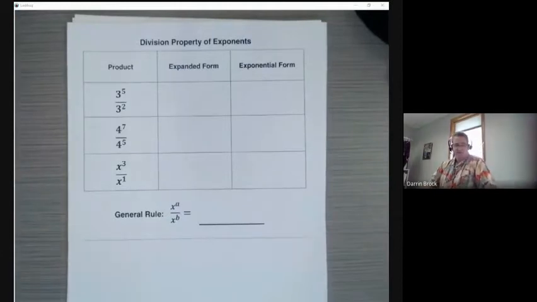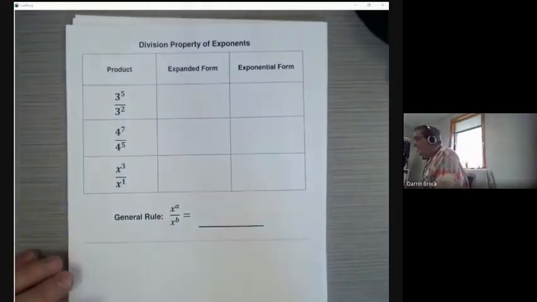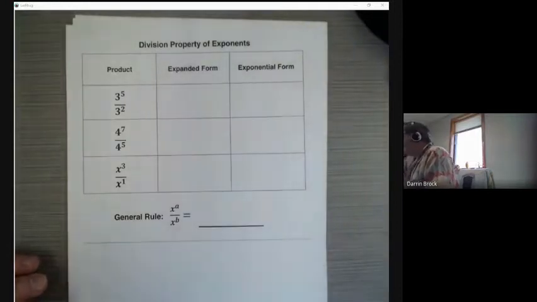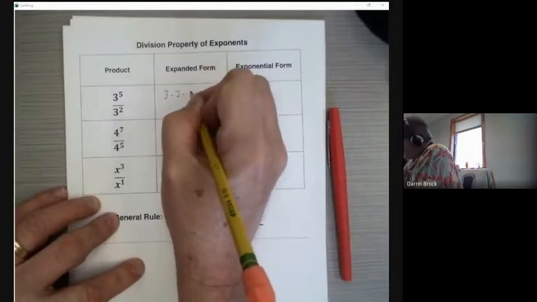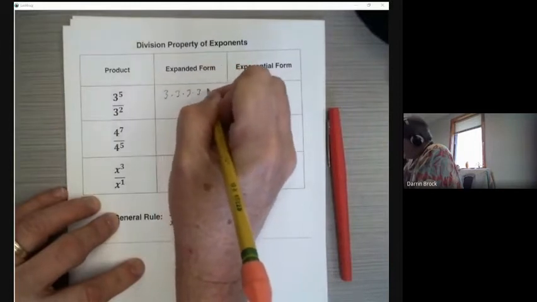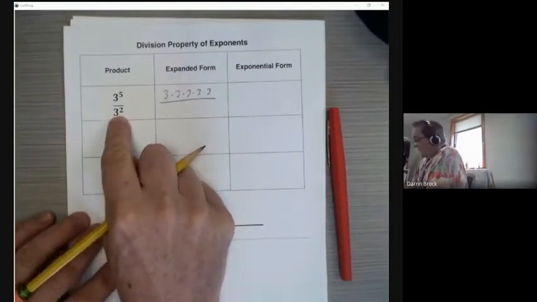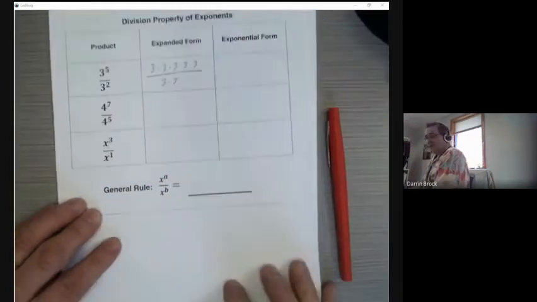Division property of exponents. All right, so we have 3 to the 5th divided by 3 squared. So 3 to the 5th is the same thing as 3 times 3 times 3 times 3 times 3, right? 3 multiplied by itself 5 times. Divided by 3 squared. Now, I want to think about one thing.